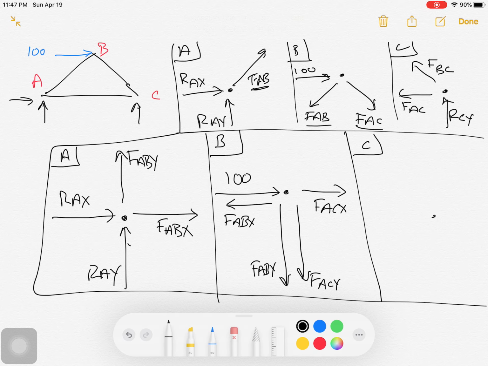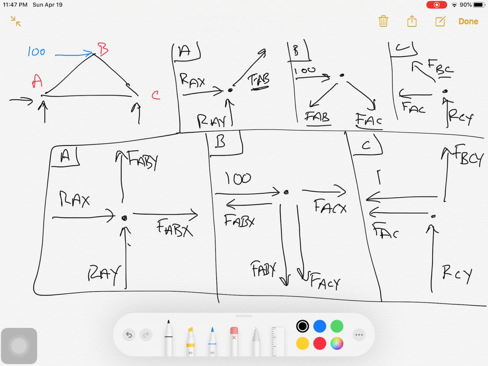Moving on to C. Reaction force at C in the Y direction is entirely vertical. It doesn't change. Force AC is entirely horizontal. It doesn't change, but force BC does. So we have force BC in the Y and force BC in the X.